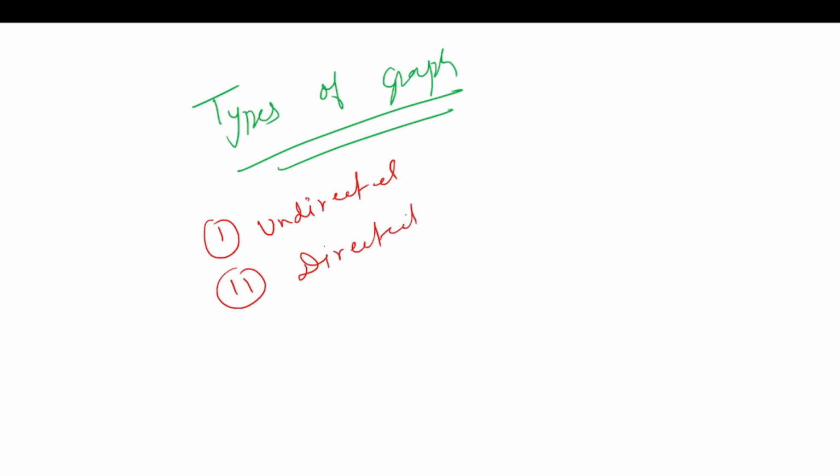So basically a graph can be represented as undirected, directed, or there are some more advanced graphs; you may have heard of DAG, right? That is called a directed acyclic graph.